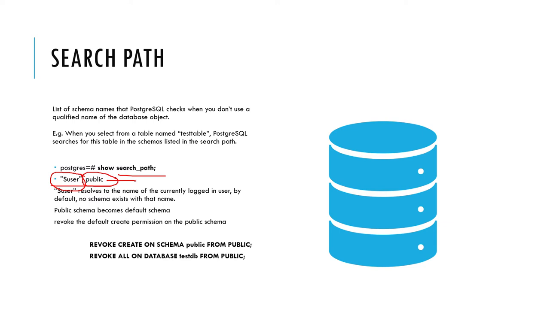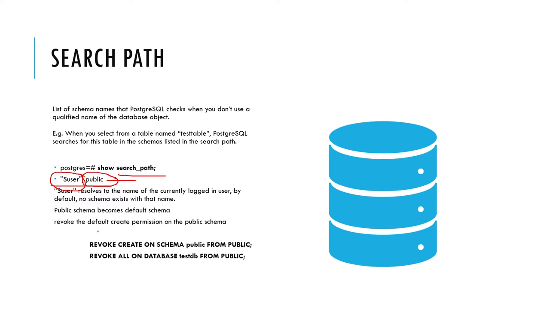So instead of saying select star from public dot actor, I'll simply say select star from actor, and it is going to search in public. If you have a schema with the name, let's say, postgres, and your object is lying over there, then it will look into that and it will display the result. This value can be changed. You can change the schema name so that by default it will look into this. So that's the importance of the search path, and it plays a very important role.